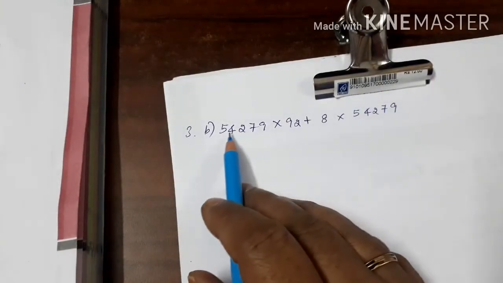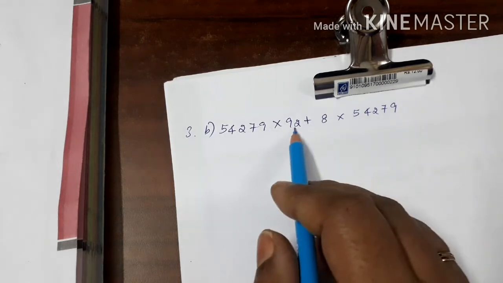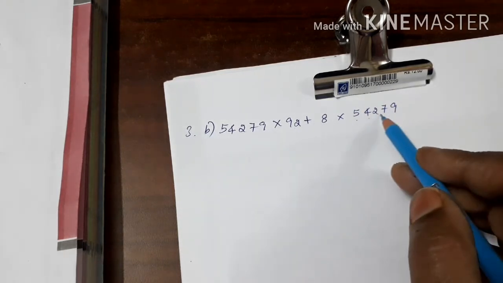Third sum B: 54279 into 92 plus 8 into 54279.